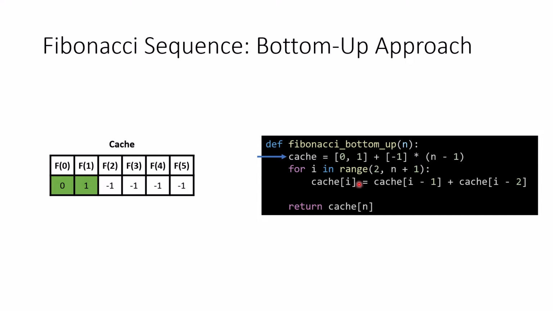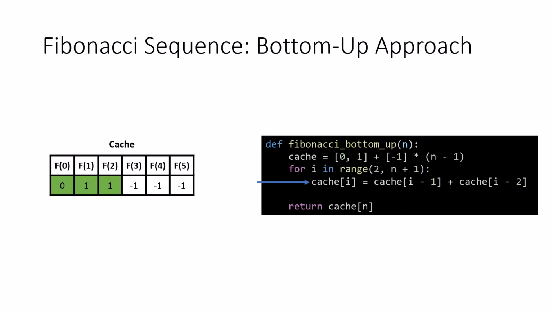So cache at i is cache of i minus 1 plus cache of i minus 2, which directly uses the table and the Fibonacci formula. So what happens here? Well, let's say we have n equals 5 again. The first step is, okay, let's start at f of 2 and set that equal to f of 0 plus f of 1.